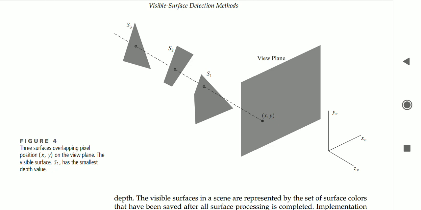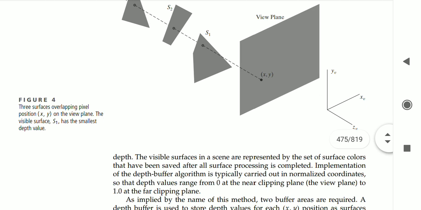Which z will be bigger? The last triangle's z will be more. The first polygon's z will be small. By comparing this, I can tell the computer which surface is front. This is called the depth buffer algorithm. By measuring and comparing the depth values, we can identify which surface is the front side or the back side.